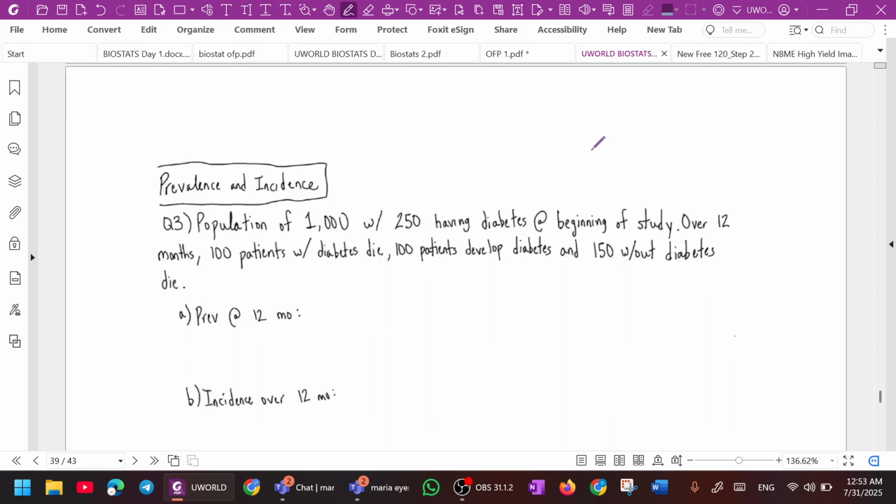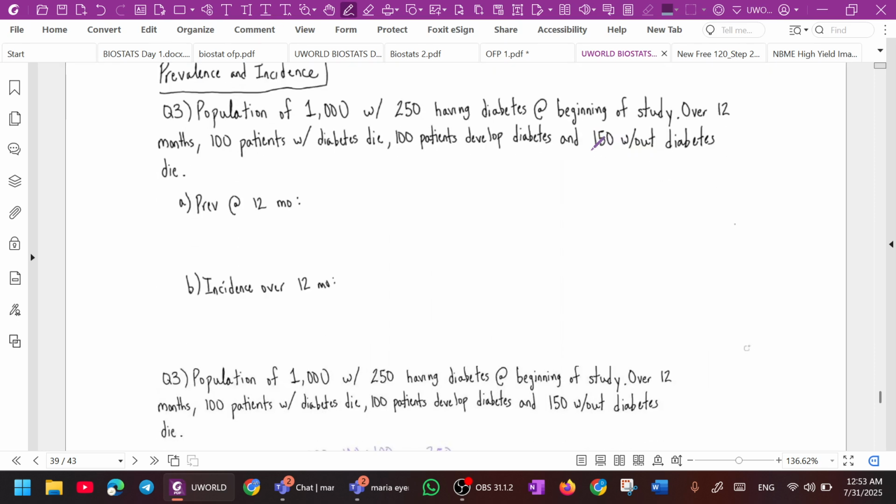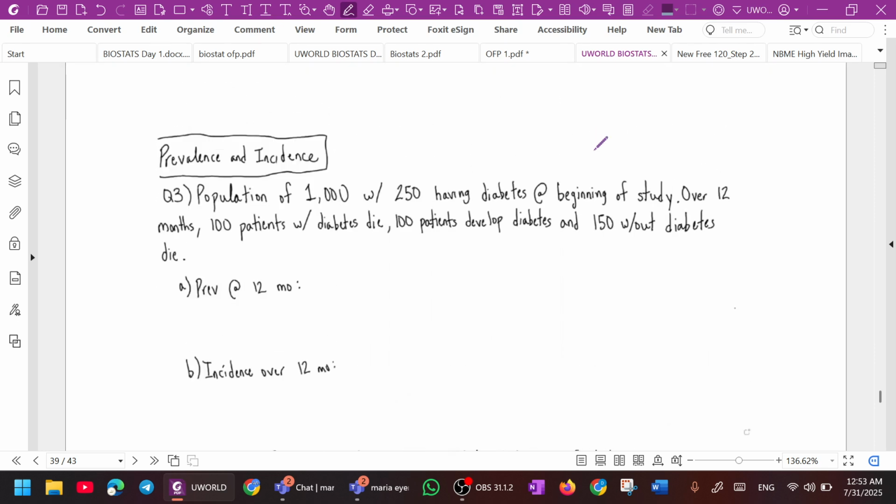Okay, next. Population of 1000, among them 250 having diabetes at the beginning of the study.